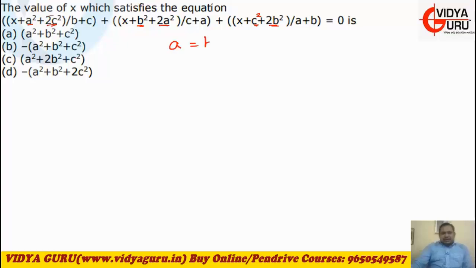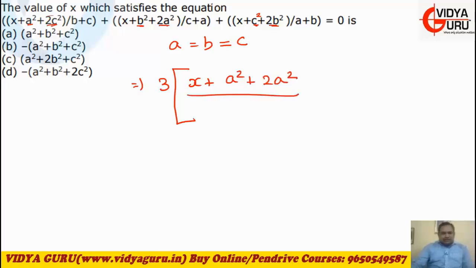So I would say I can assume a is equal to b is equal to c and then I can solve this. So I would say it is given that 3 times (x plus a square plus 2c square) can be written as 2a square, divided by (b plus c) can be written as a plus a. This is given to be equal to 0.